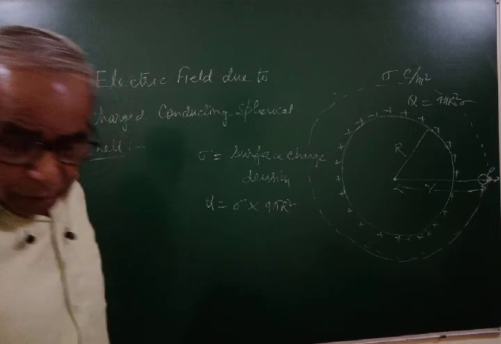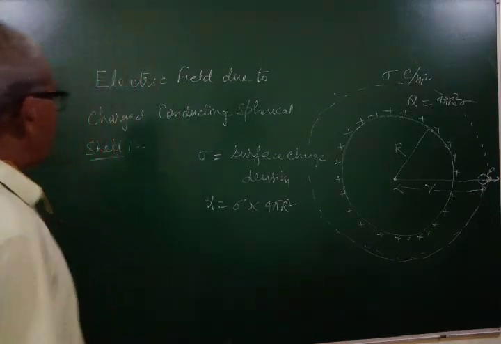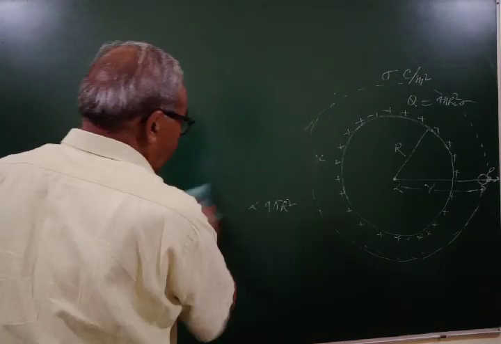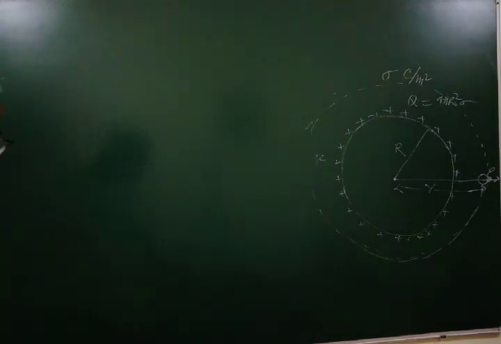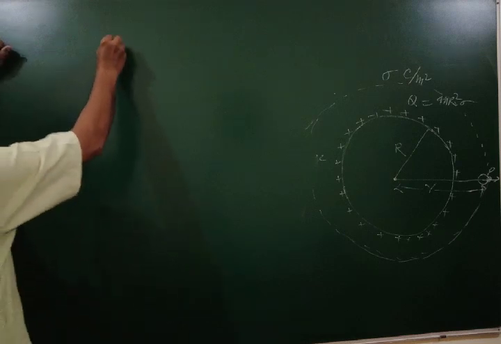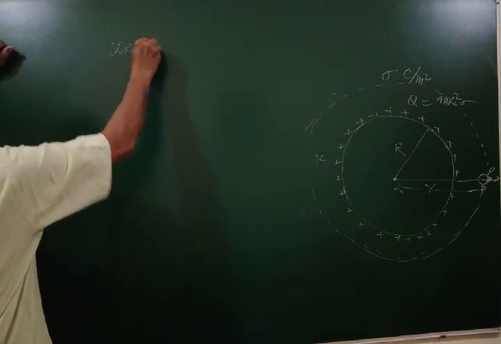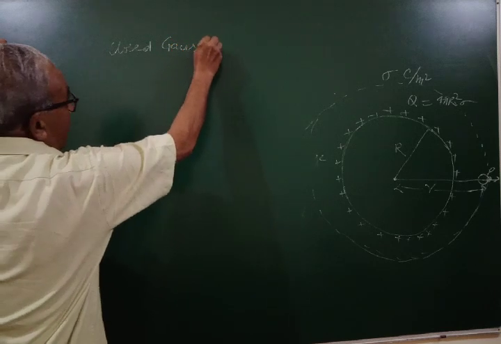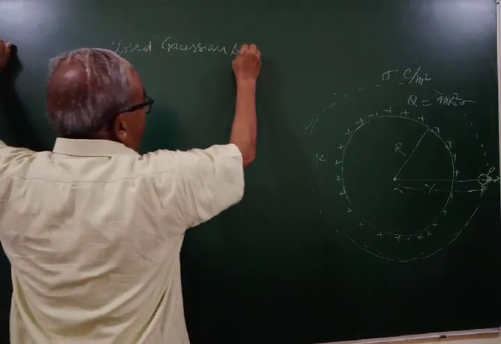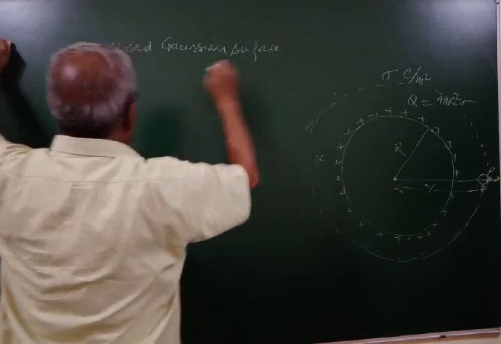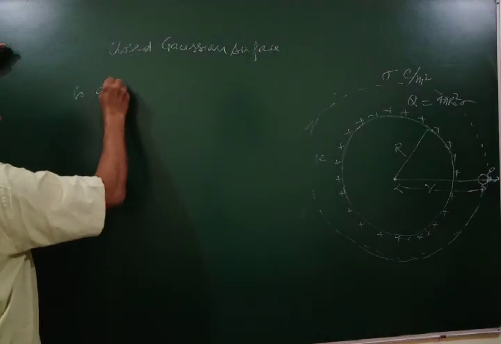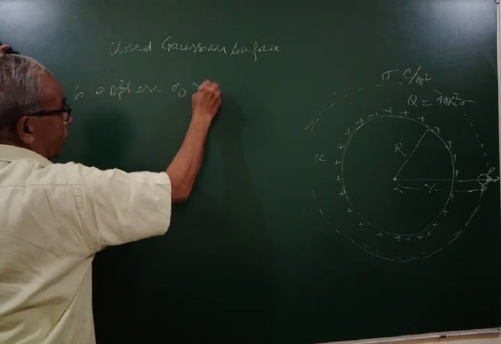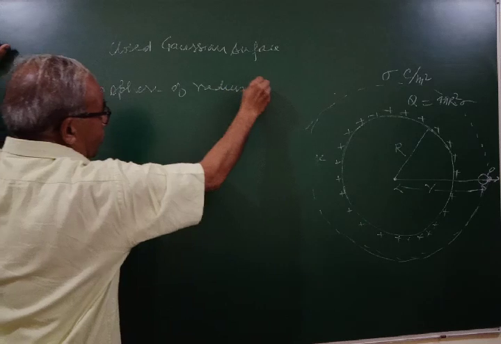For this we apply Gauss theorem, and to apply Gauss theorem we need a closed Gaussian surface. Here the closed Gaussian surface is a sphere of radius small r.